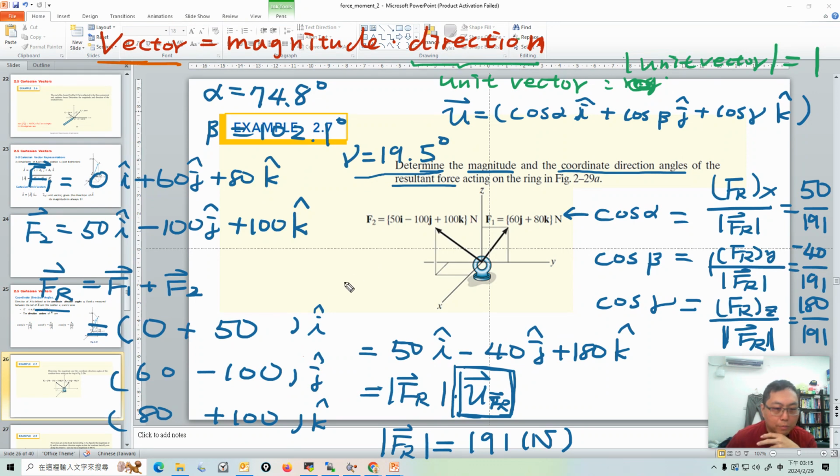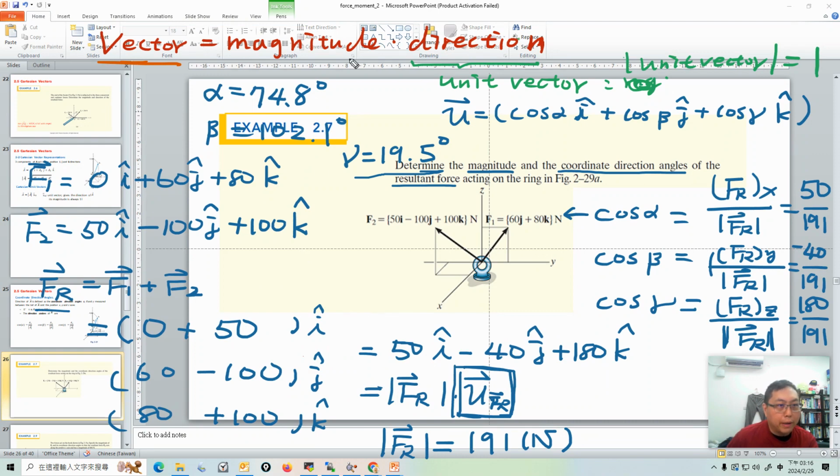So that's a very simple exercise. Given two force vectors represented by Cartesian coordinates, find the resulting force. Add these two force vectors component by component, and you get your resulting force vector.